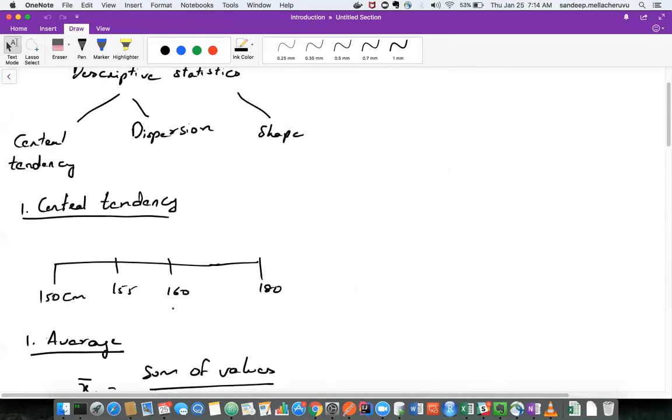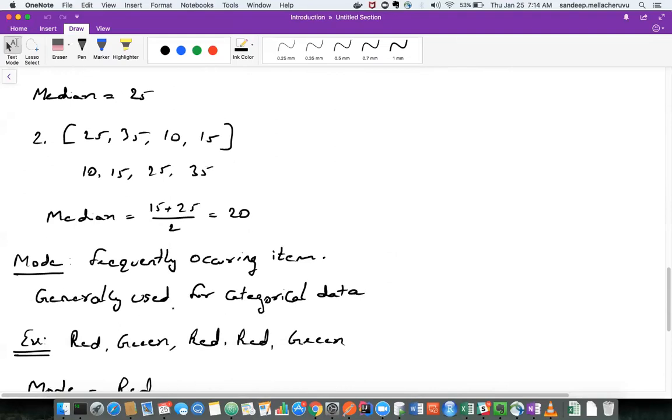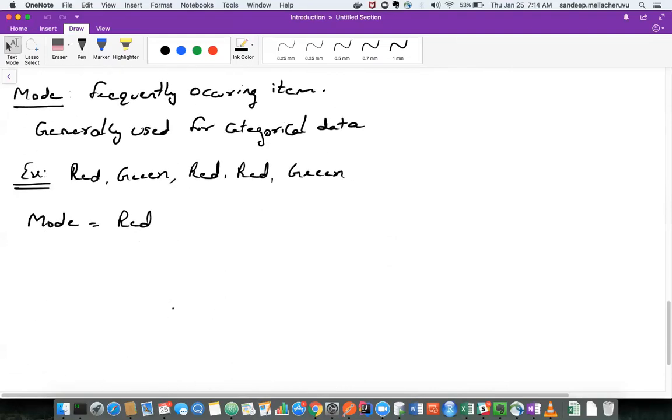Yeah, I got it. So one question. In calculating the mode, you said the frequently occurring item is the mode. Let's say I retrieve categorical data where two items are the most occurring, for example red and green are both highest occurring.